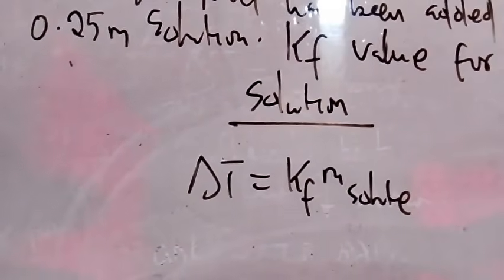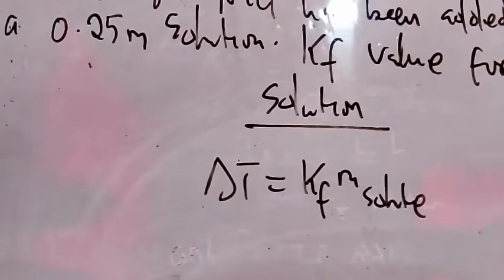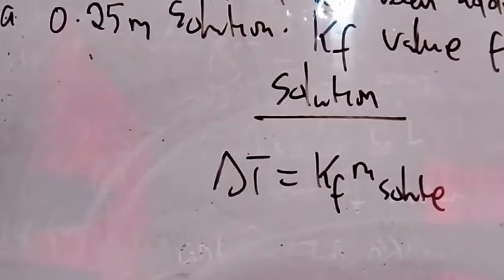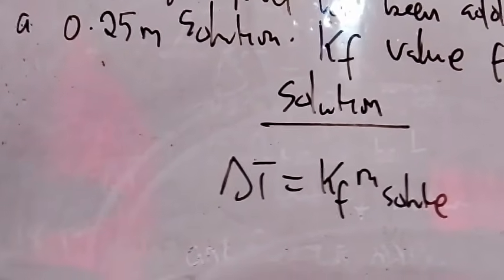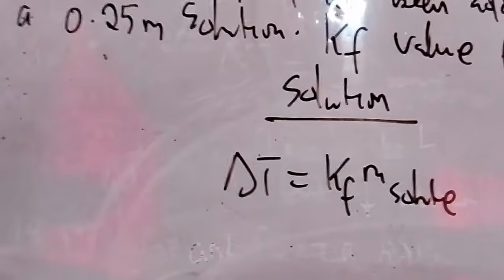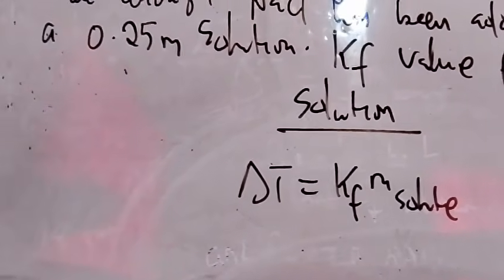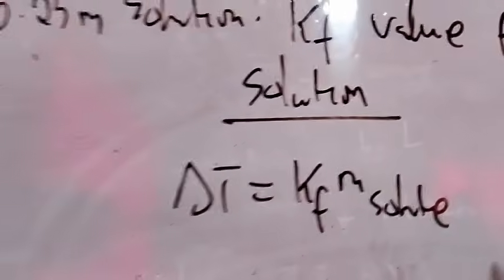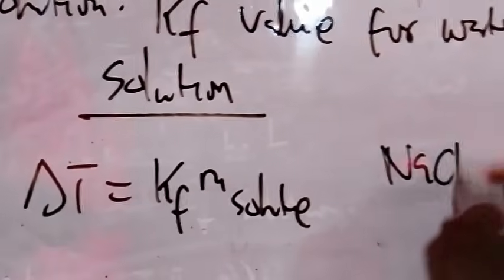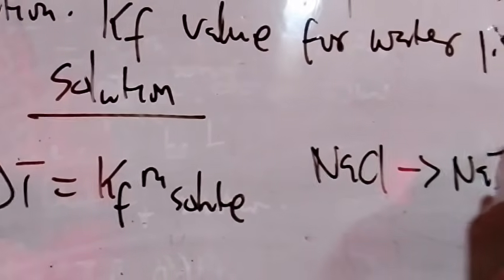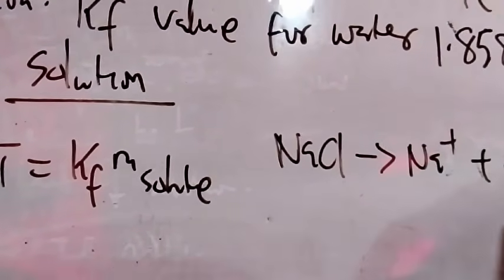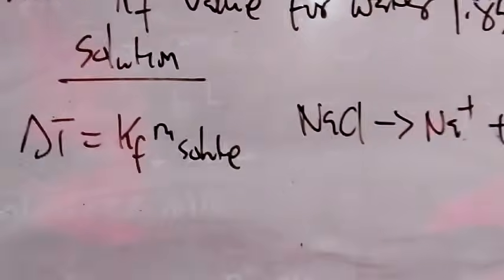So we need to find the freezing point. We are going to write the dissociation equation. We know that sodium chloride will form sodium ion and chloride ion.